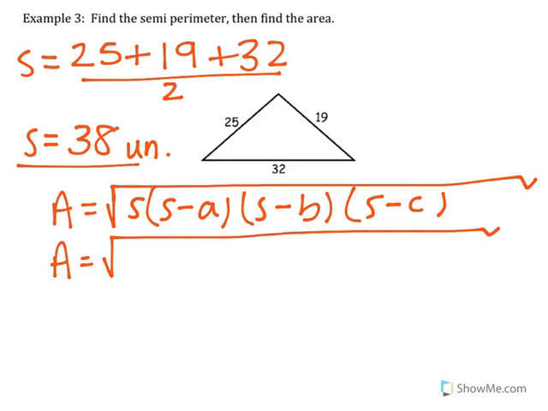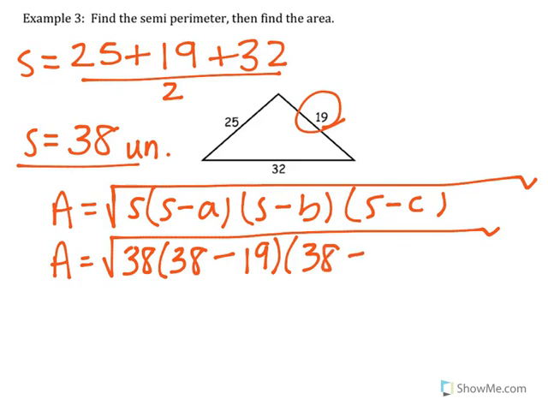So I'll just start. My semi-perimeter is 38. So I'll have the square root of 38 times S minus A. So my semi-perimeter 38 minus one of my sides, I'll start with the smallest one, 19, times my semi-perimeter minus my other side, 25, times my semi-perimeter minus my third side, which is 32.